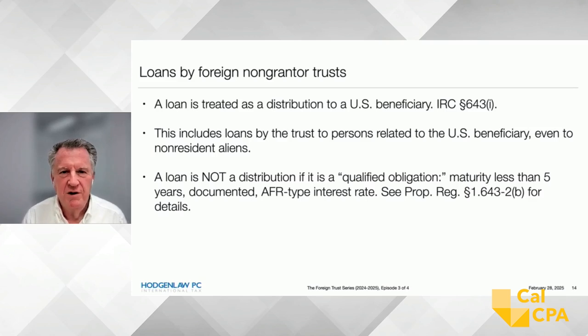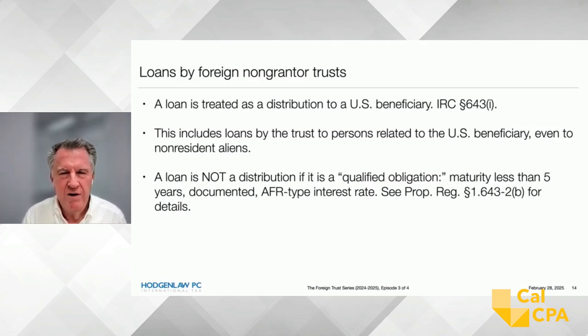There is an exception, it's called a qualified obligation, and you can see there's a whole section in Form 3520 where you have to list all of the qualified obligations, which is a loan from the trust to the U.S. beneficiary or to a related party, even a non-resident alien related party, by the way. And these loans will be treated as loans and not as distributions if they meet the requirements. So less than 5 years maturity, you've got to have it in writing.